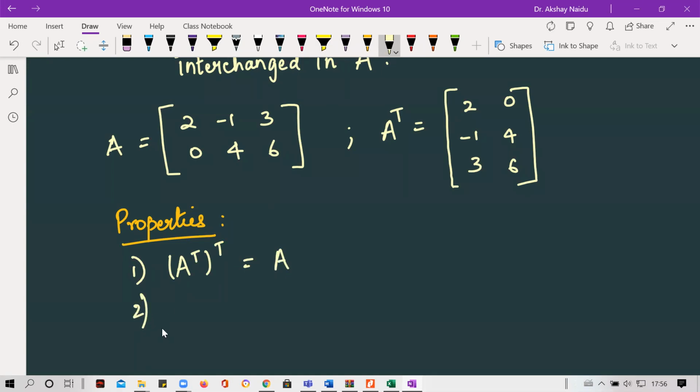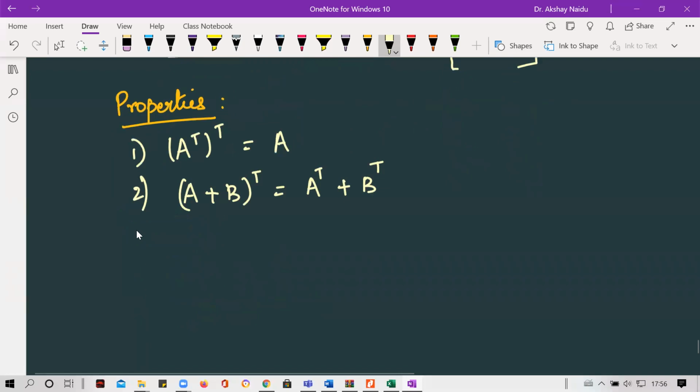Now these are important properties, and again in various methods of solution of simultaneous equations. Now A plus B the whole transpose is A transpose plus B transpose. This is important.